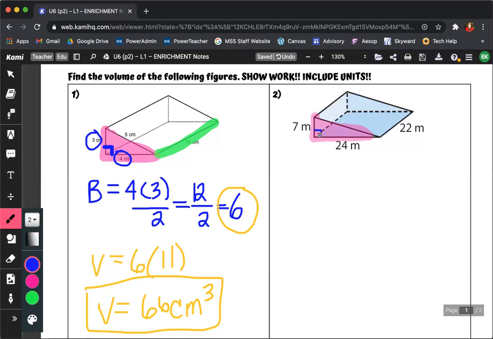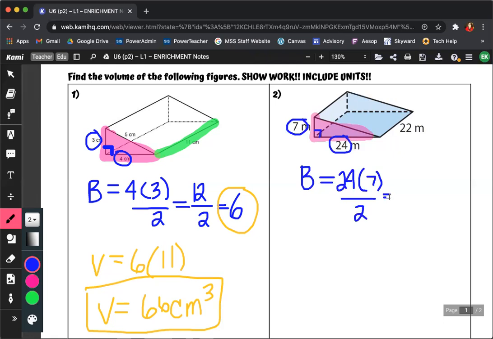So I see my 90-degree symbol right here. It's connecting the side length of 7 and the side length of 24. So I'm going to find the area of my base by doing our base of 24 times our height of 7 divided by 2.